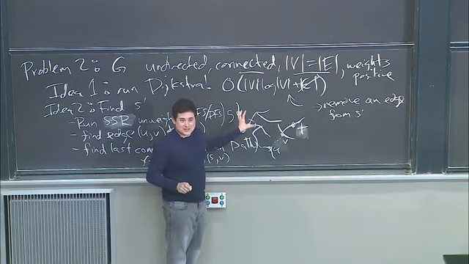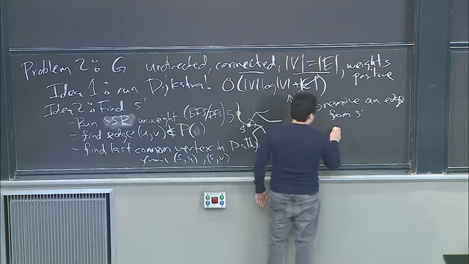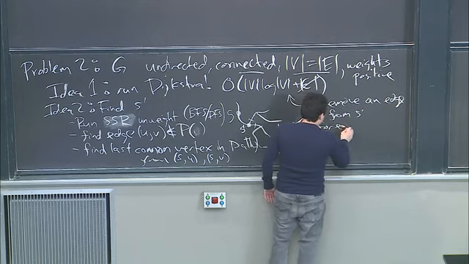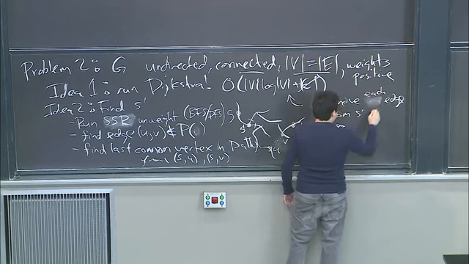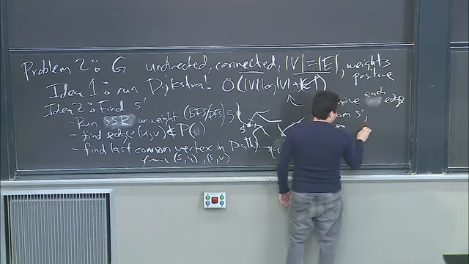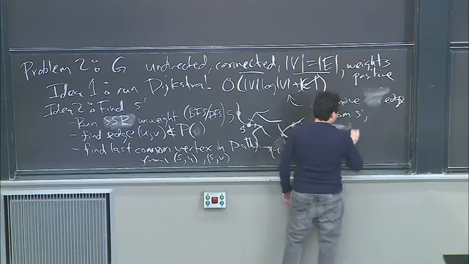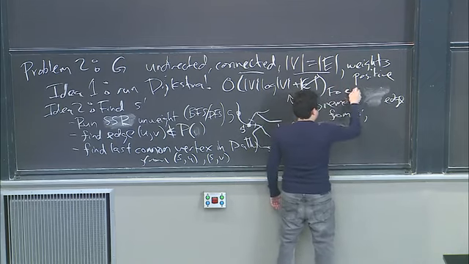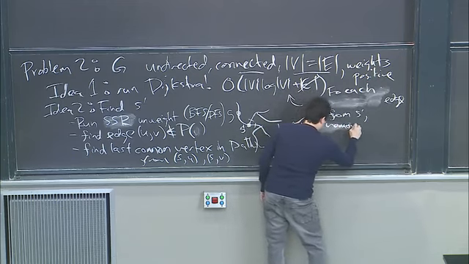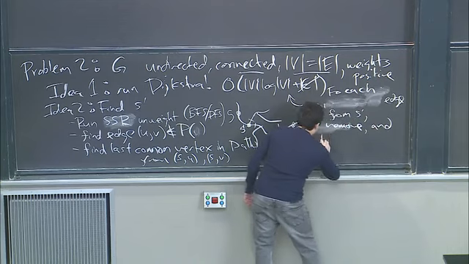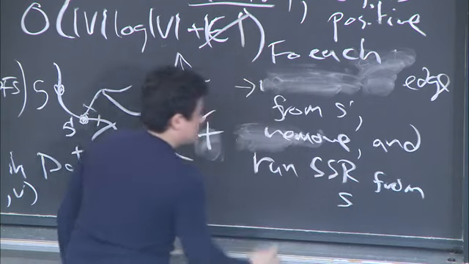I can just run single source shortest paths on all of them and take the best, right? So for each edge from S prime, remove it and run SSR from S, okay?